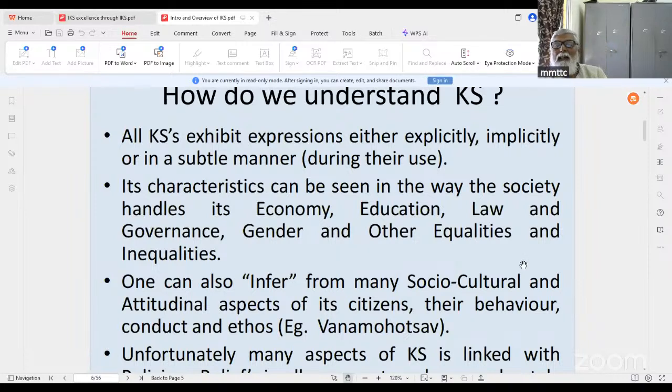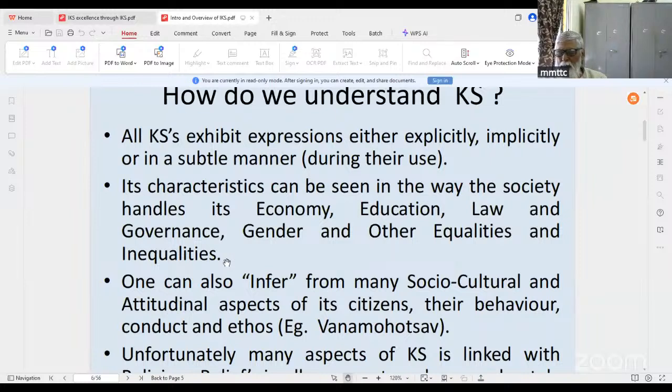Its characteristics can be seen in the way society handles its economy, education, law and governance, gender and other equalities and inequalities. This is what constitutes the whole society. So the whole society runs on knowledge systems, which are continuously generated, refined, consolidated, and many times discarded. For example, in my younger days, we used to have a license for radio and bicycle.